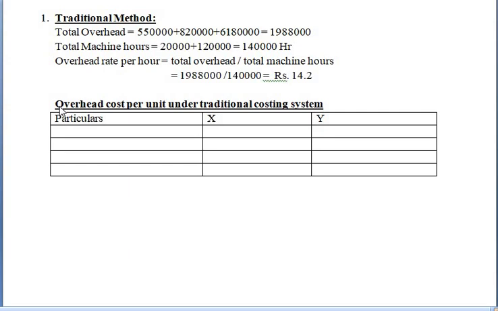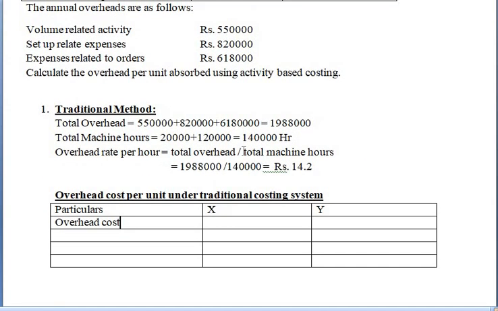Now calculate overhead cost per unit using the traditional costing system, for product X and product Y. In the traditional costing system, the entire overhead cost is absorbed through total machine hours.